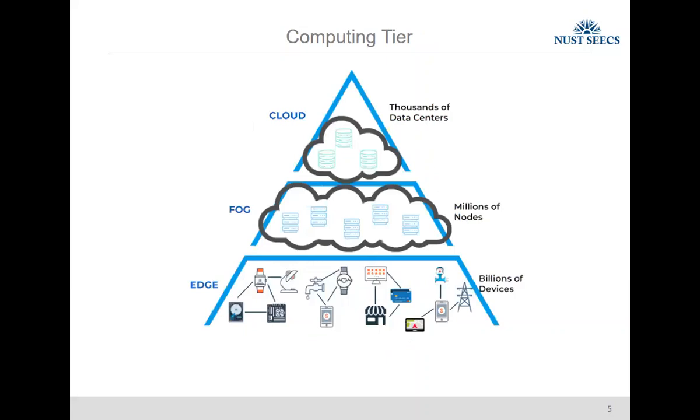This is the computing tier: the cloud at the top, and then we have the fog tier, which is based on intermediate devices. It can provide computation up to certain extents, and then we have the edge devices, billions of devices at the edge locations. So this is a trade-off, right? Whenever we're designing an IoT application, we have to decide where we want to train the model: at the edge location, the fog node, or the cloud data center.